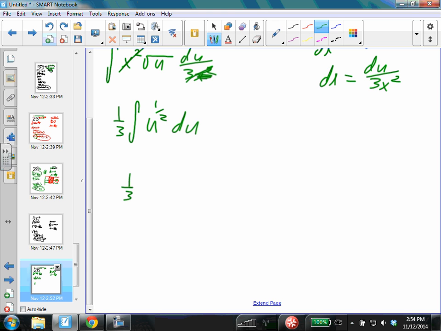And so I have 1/3 times, and this is going to be u to the 3/2, right? I'm going to add 1 to the power. It's going to be the 3/2. And then I also need to multiply by the reciprocal, so it's going to be 2 over 3. Plus my c, right?